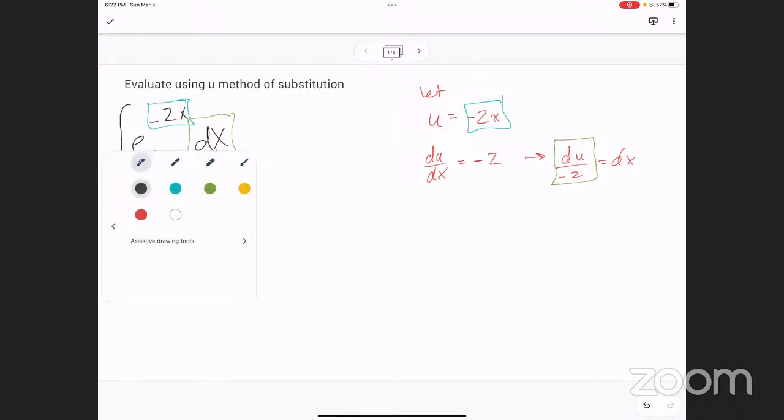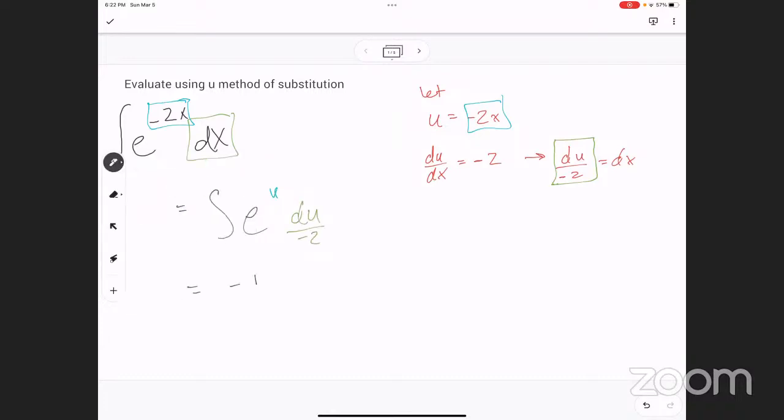So e to the u times du over negative 2. And then I could take that negative 2 out front and rewrite it as negative 1/2 e to the u du.